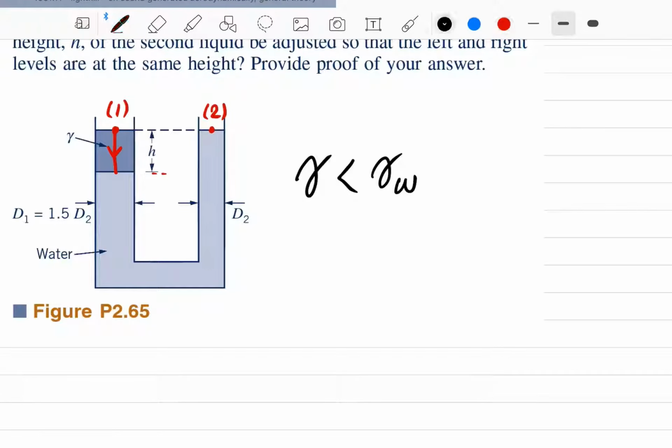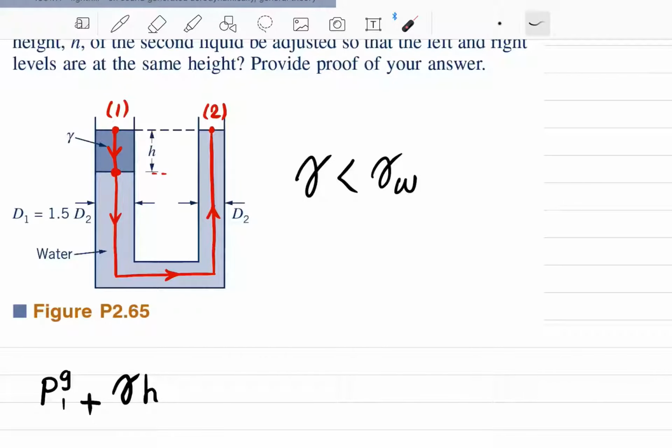So we write the manometer equation: the gauge pressure at point 1, since we have moved downward so the pressure will increase, plus gamma of the fluid that we moved through, which is simply gamma, times the distance that we've traveled, which is h. So gamma times h. Then from this point we have to move downward, then we move along a straight line, then we go up to reach point 2.